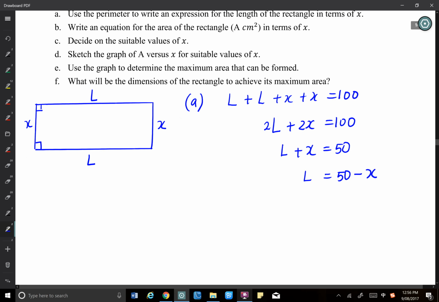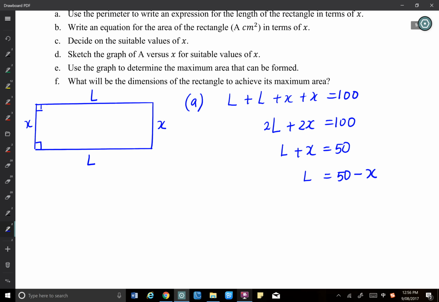That's how we find the relationship between the length and the width. One length and one width will be 50 because 2 lengths and 2 widths will be 100. So if the width is x already, the length will be 50 minus x.